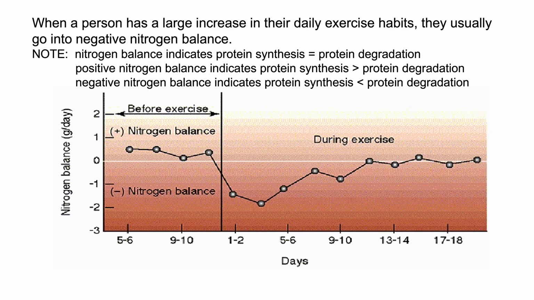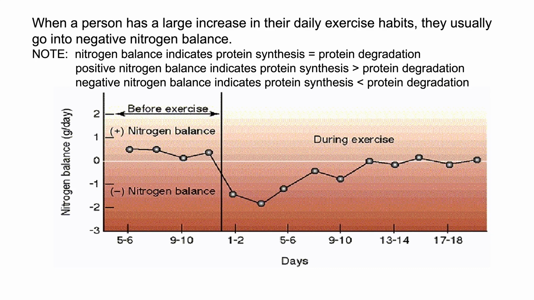But you'll see this even in trained individuals. Those who have been trained for a while, when they switch up their training program and add a new stimulus into the regimen, the body will go into this shock point where you break down way more than you're building up. And that's negative nitrogen balance.